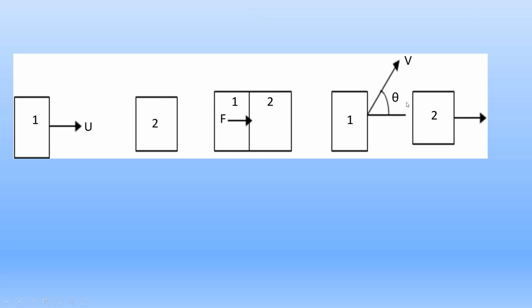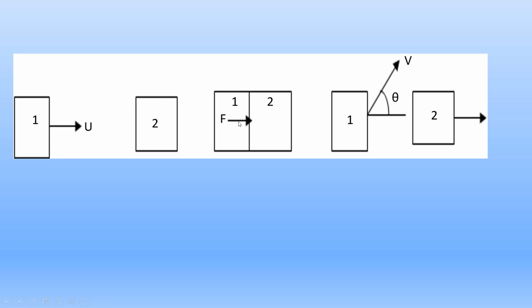That v cos theta is in the direction of force F. So the final linear momentum of this first body in the direction of force F is mass m into v cos theta.